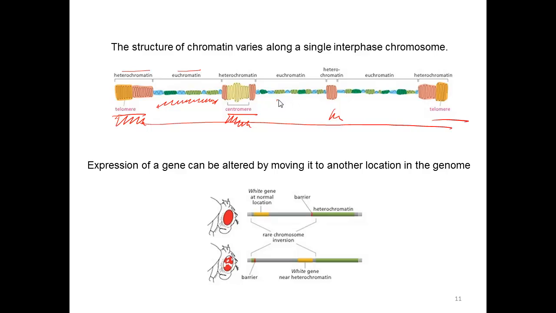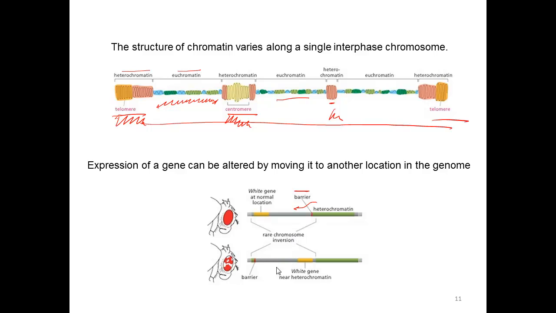This is where the active genes are, and if genes are in the heterochromatin region, they are inactive. These regions are maintained and regulated by chromosomal elements referred to as barriers, which can keep the heterochromatin structure from spreading out into the euchromatin region.